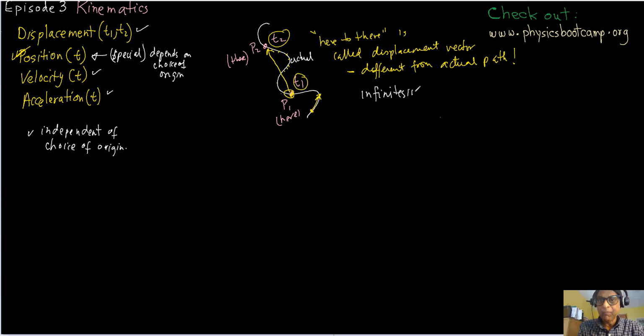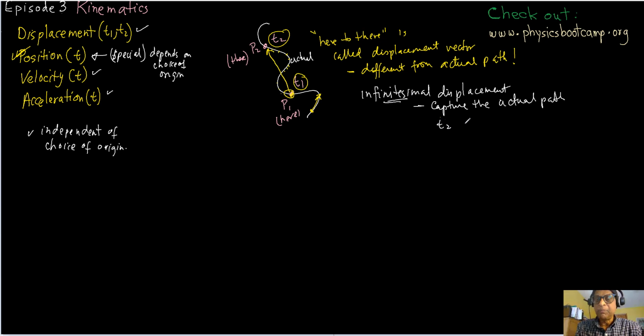Infinitesimal displacement. Now this will capture the actual path, because infinitesimal is when t2 is arbitrarily close to t1.